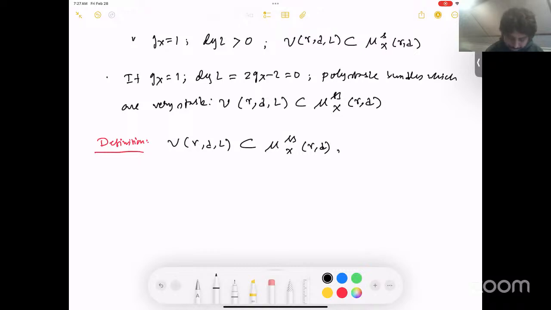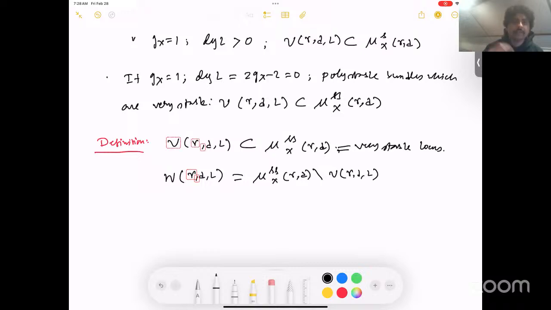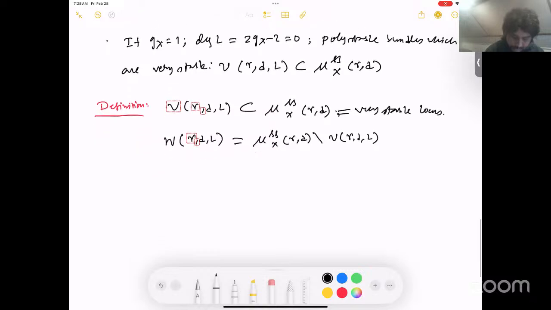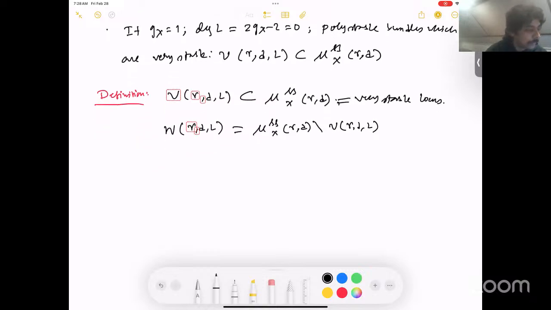And this is called the very stable locus. And our wobbly locus is its complement inside the moduli space of semistable pairs.